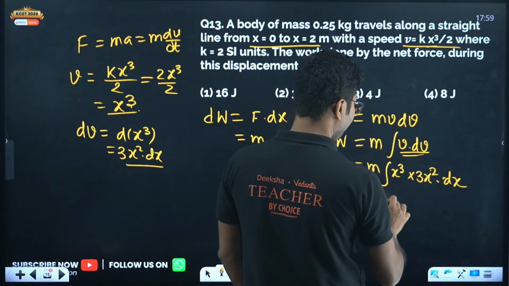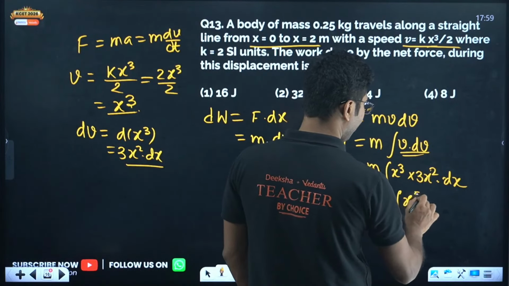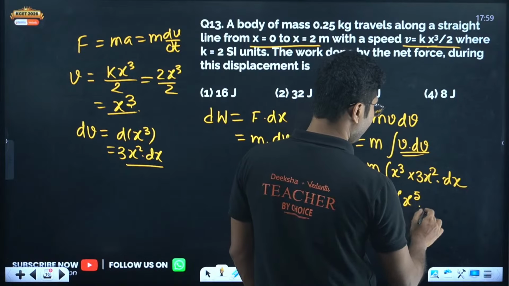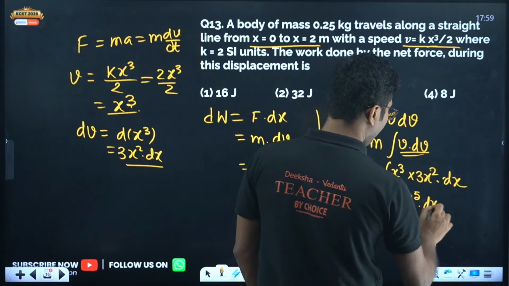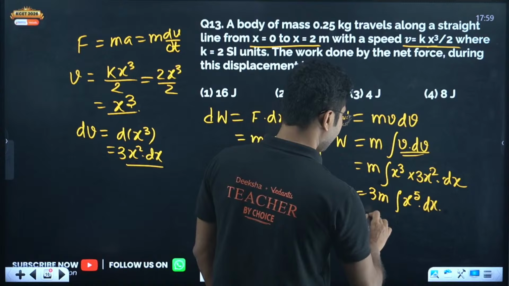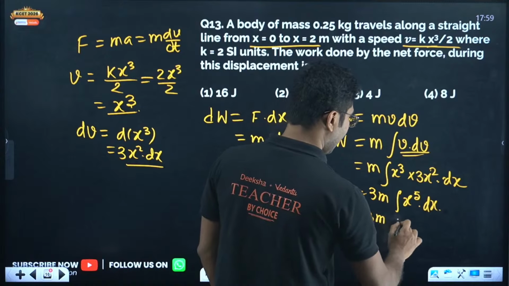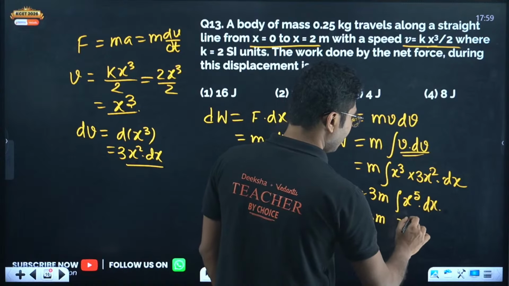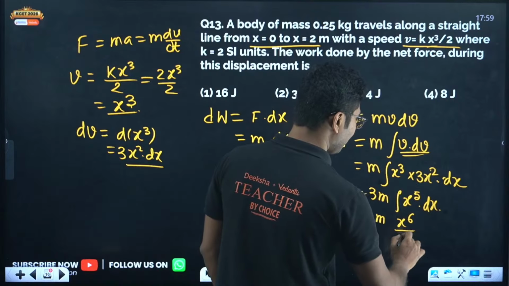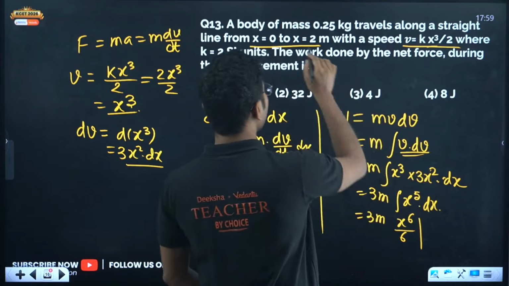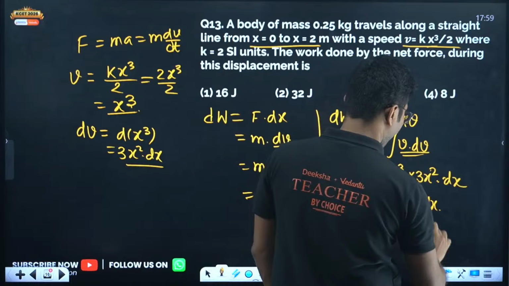So you get 3 into m x to the power of 5 into dx, or you get 3m x to the power of 6 divided by 6, and the range of x is 0 to 2.